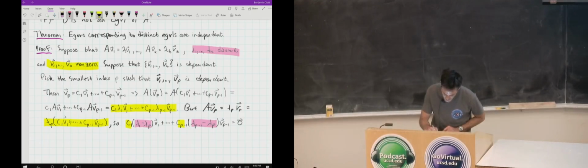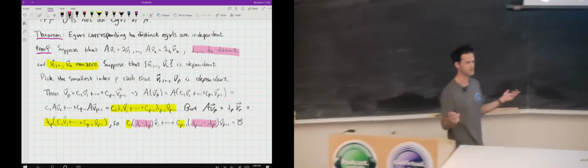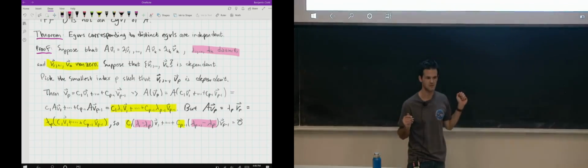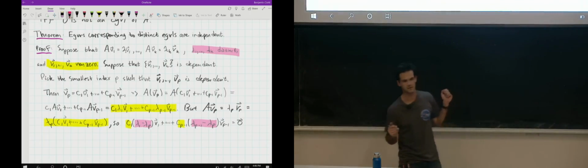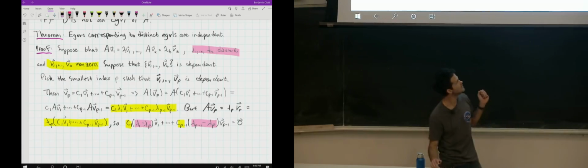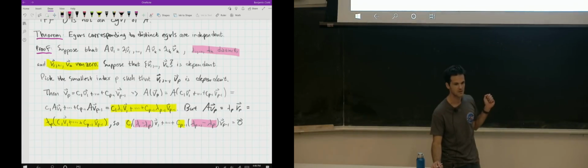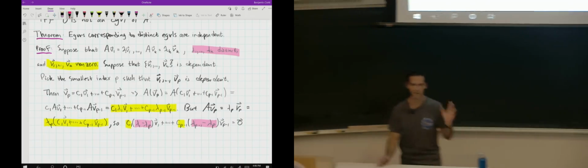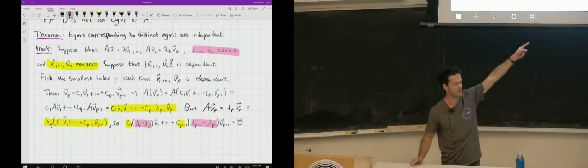So what's the contradiction here? Someone can spot me. Why is this a contradiction? Because if the equation is to be valid, then all the lambdas should be the same, which means the set of eigenvalues are not distinct. Right, yeah. But if the eigenvalues are distinct, how is this a contradiction?